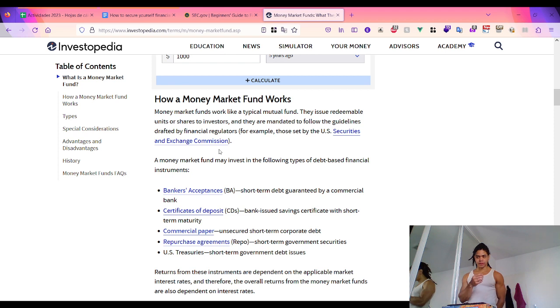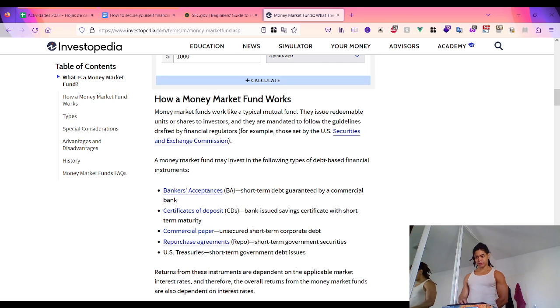A money market fund is a debt-based financial instrument, and they typically invest in bank acceptance, short-term debts by commercial banks, bank issued savings certificates with short-term maturity, commercial paper or unsecured short-term debt from companies, or short-term government debt.